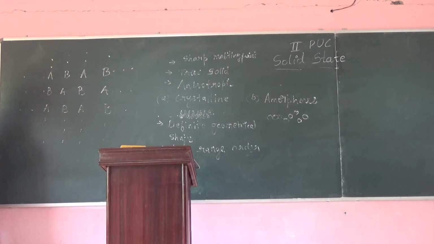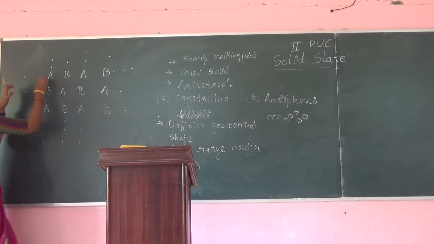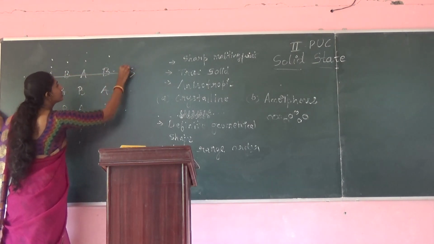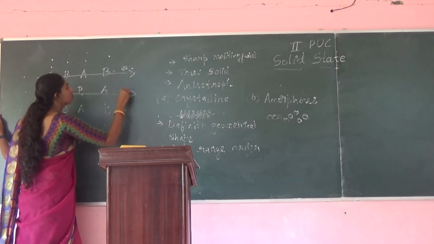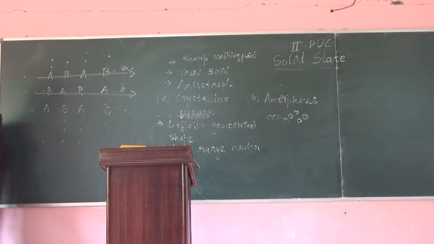I'll write one direction. In this direction, it is A, B pattern repeated. And in this direction, I can observe a different pattern, that is the BA pattern.